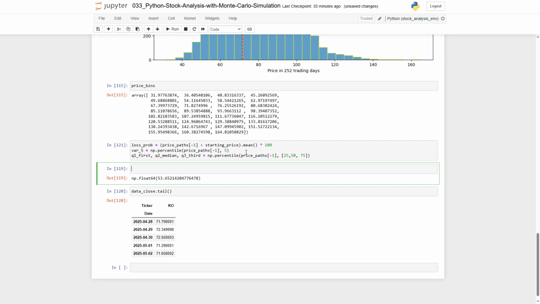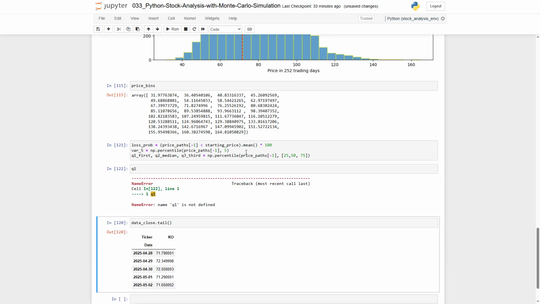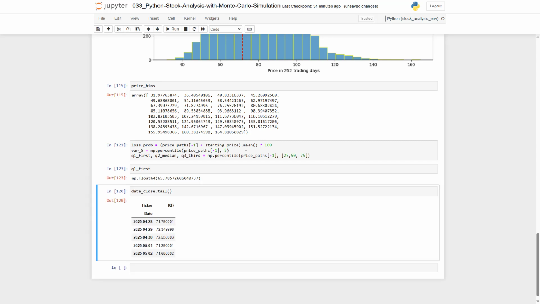And now let's take a look at what can we do. So Q1, okay, Q1 first means 65, so 25% of our simulation are less than $65, which is something.